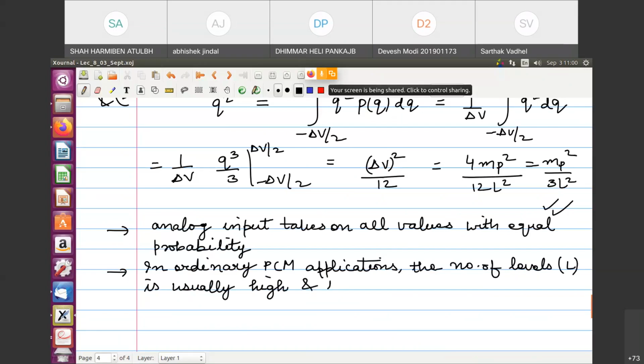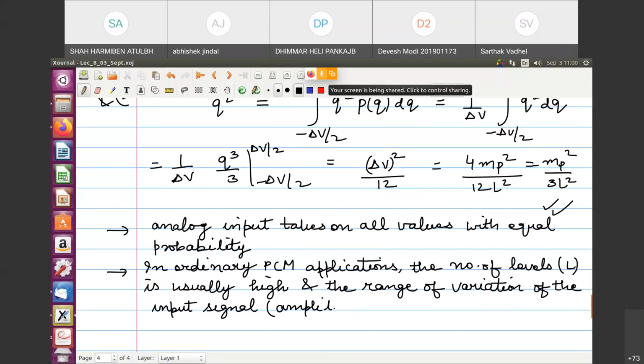And the range of variation of the input signal, amplitude variations, is small.